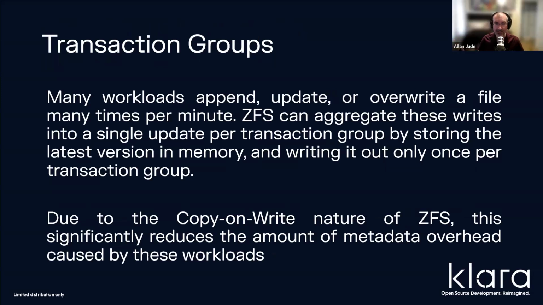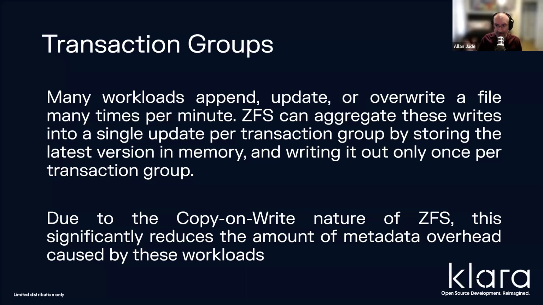In these transaction groups that ZFS uses, a lot of workloads that say just append to a file or keep updating the same block inside of a file, like multiple times a second, or just overwrite a whole file with different data, if they do that many times per minute, ZFS can optimize things by only writing it out once every 5 seconds instead of writing out every version that ever existed.